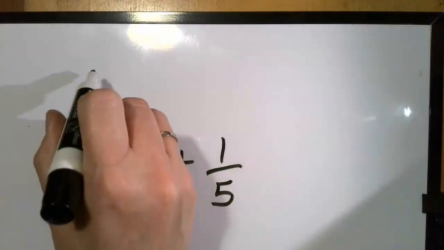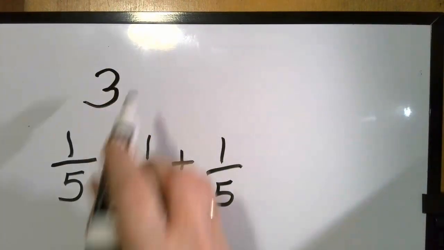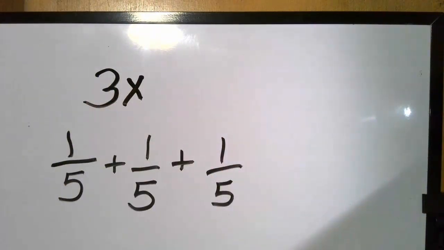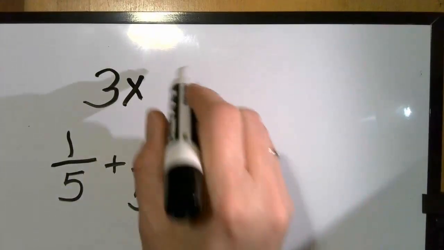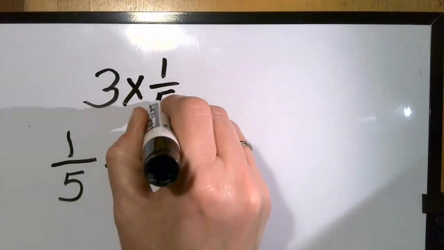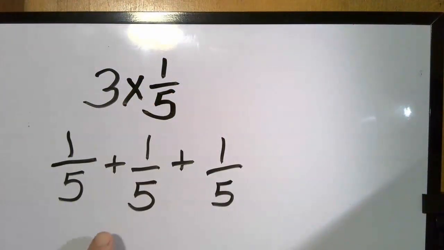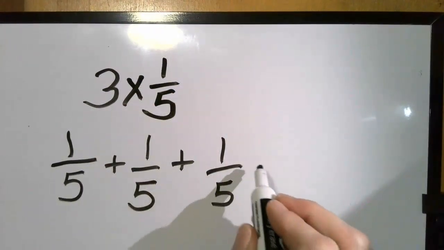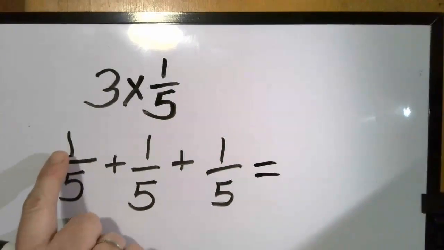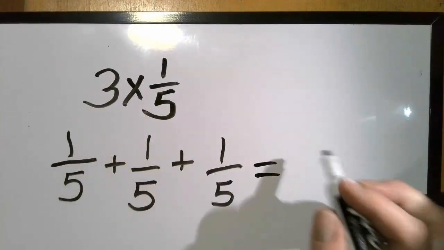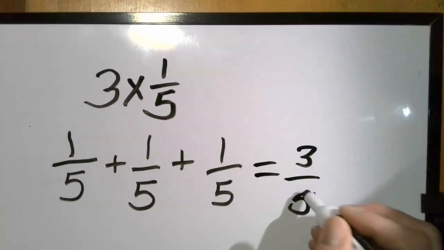I see 3 times 1/5. So I can add my numerators 1 plus 1 plus 1 to get 3/5.